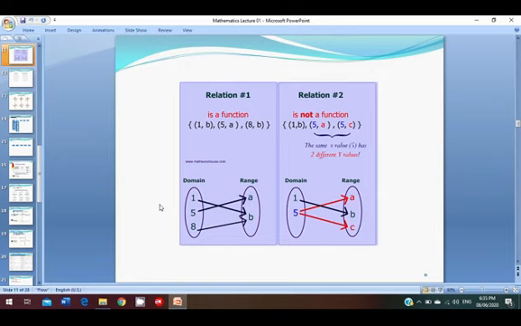Now in this slide, two types of relationship are given. Relation 1 is a function and relation 2 is not a function. But what's the reason?